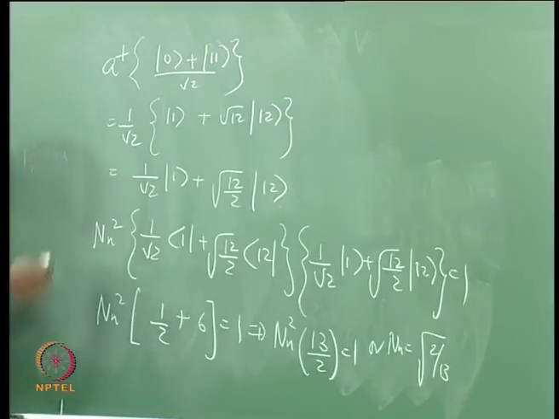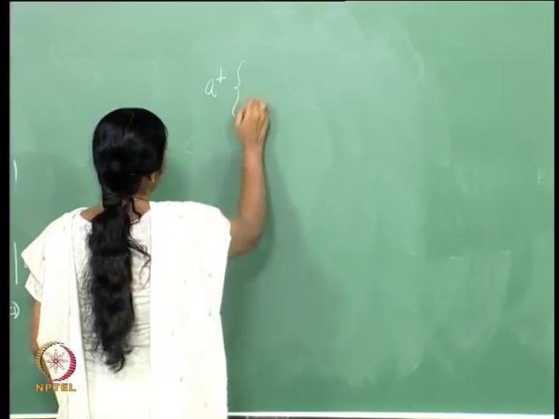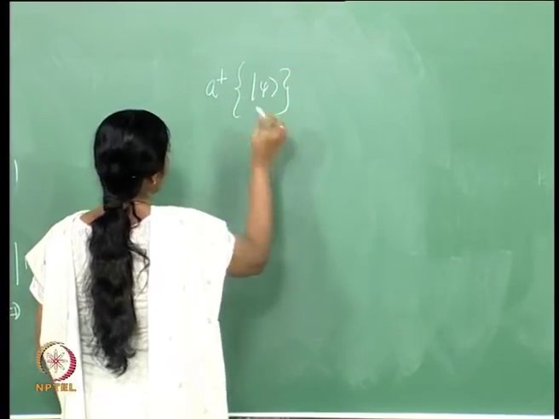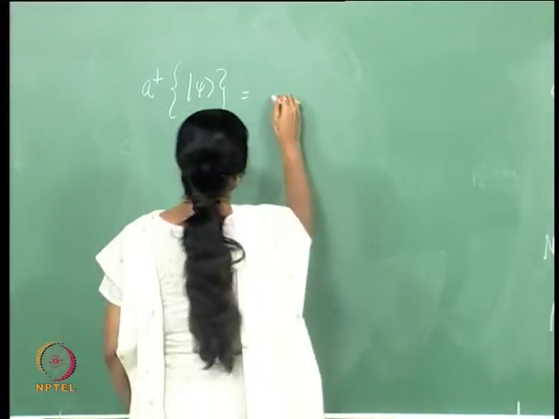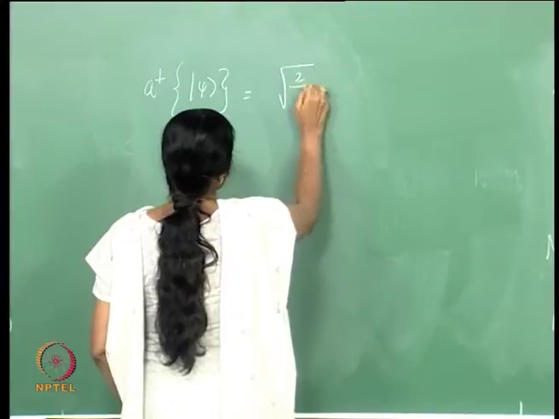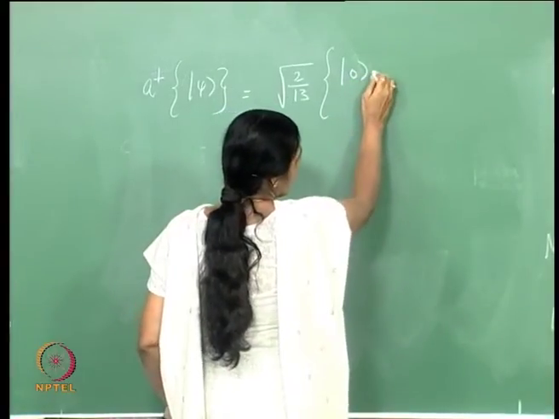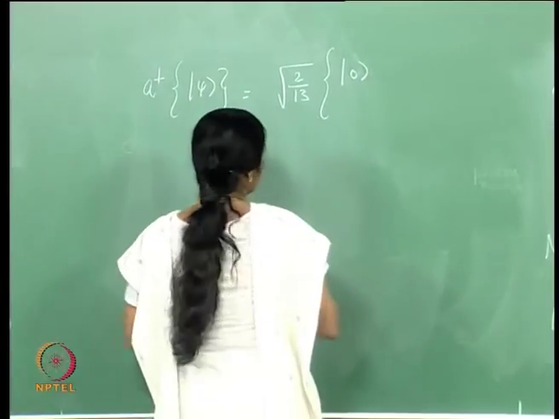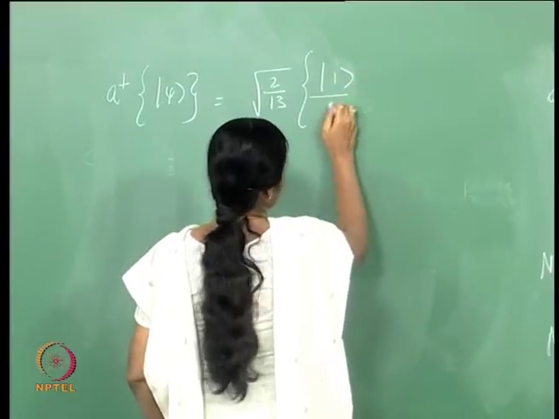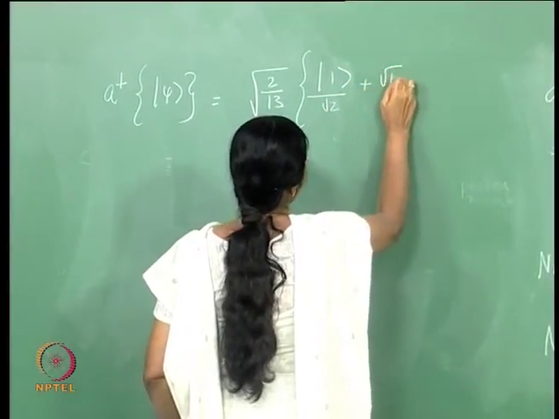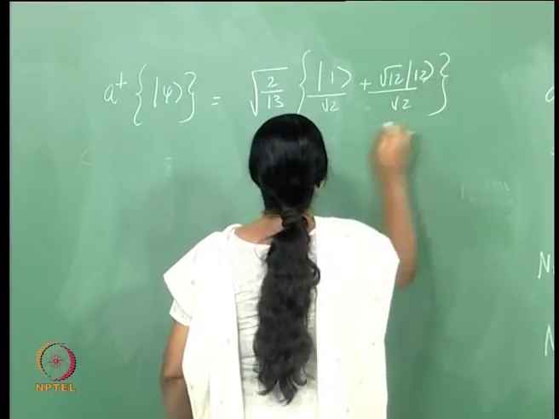So, I have the new normalized state. A dagger acted on my state psi and I normalized it, and the new state that I have got is root of 2 by 13 times ket 1 by root 2 plus root 12 ket 12 by root 2.